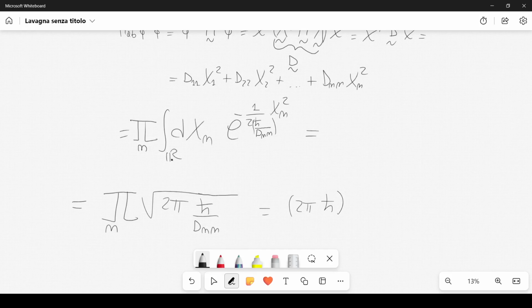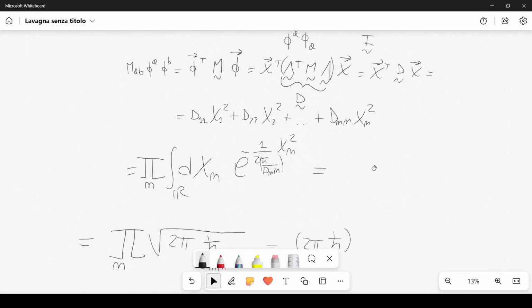When you take these products, you have n variables, so maybe I should not have put n here because we can, let's say, get confused with this n, so maybe I should have called this index in a different manner, like n prime. It would be better.